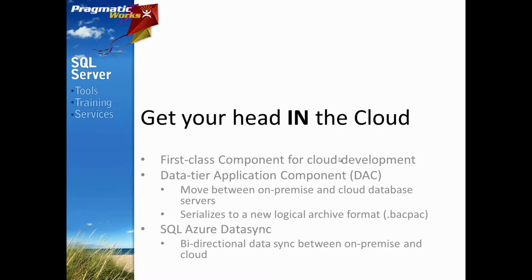Another cool feature is the SQL Azure Data Sync for bidirectional data sync between on-premise and cloud. That's extremely important as more organizations start moving to the cloud. That is something that you're going to need. A lot of organizations might be somewhat reluctant to move to the cloud because of that feature alone. So that's a pretty powerful feature as well.